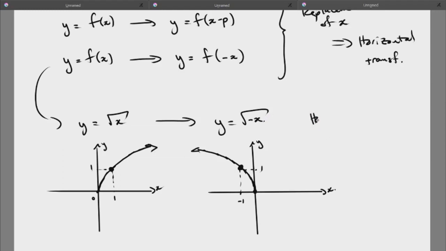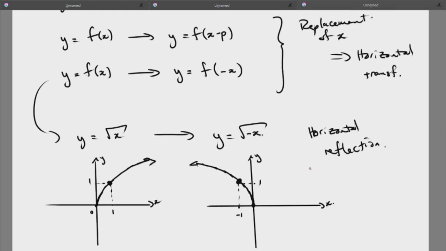So this I'll just call a horizontal reflection. And because I've replaced x with something, the effect on the graph is horizontal. But I replaced it with something else, so the graphical effect between those two is not the same.